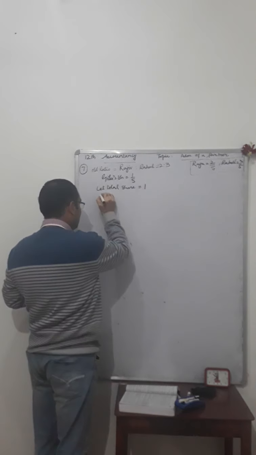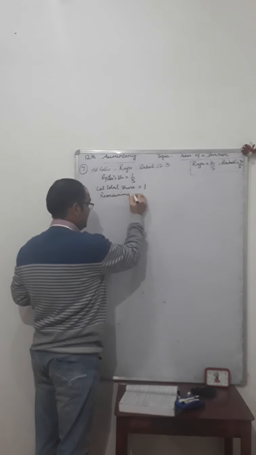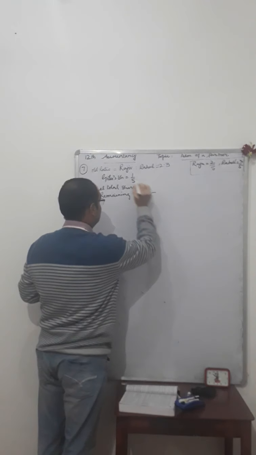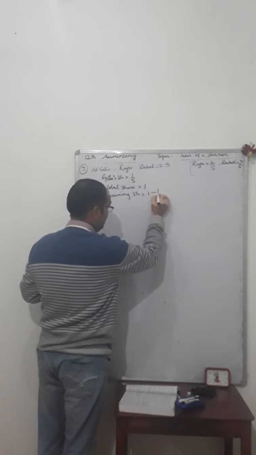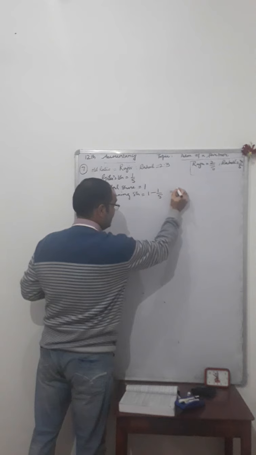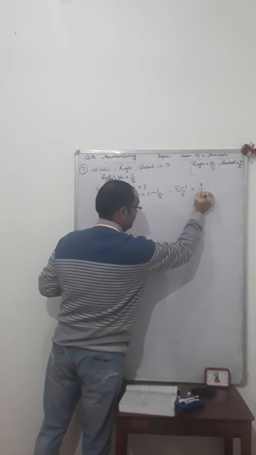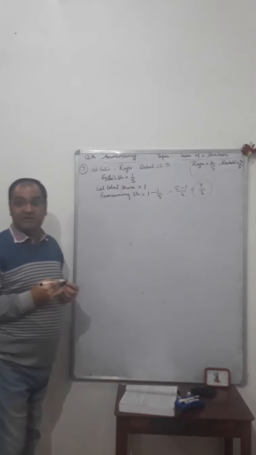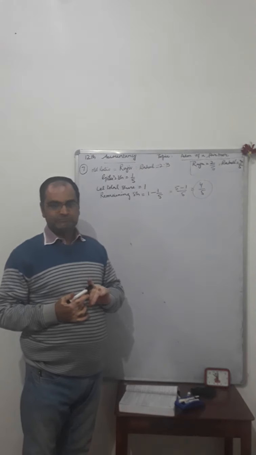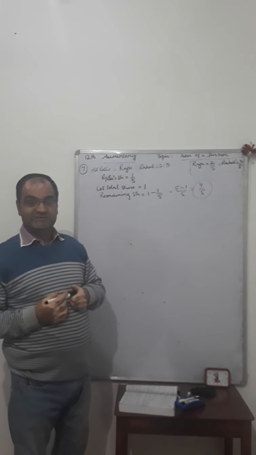So our remaining share will be equal to total share minus Geetu's share, that is 1 minus 1/5, which is equal to 5 minus 1 over 5, that is equal to 4/5. 4/5 here is our remaining share. So we can calculate the new share of the old partners.